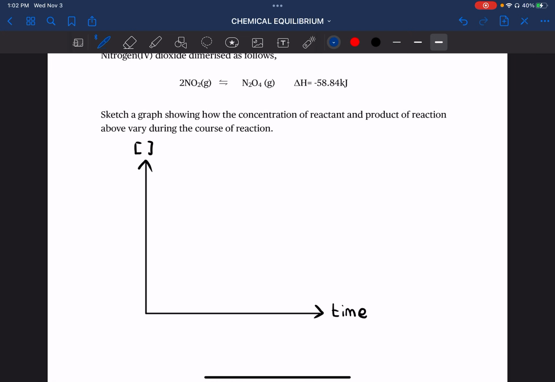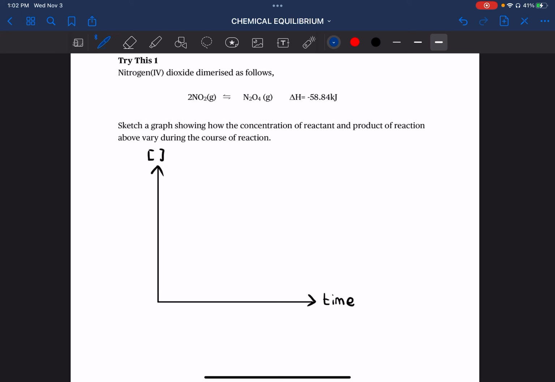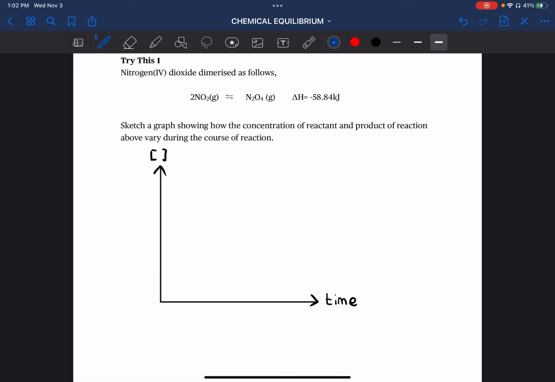Okay, so you have to know at this stage you need concentration and time graph. Okay, so first, kalau concentration versus time, so grafnya mestilah bentuk gunting. So first, draw the gunting first.